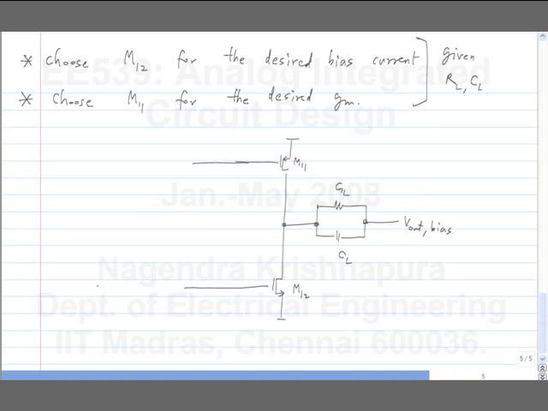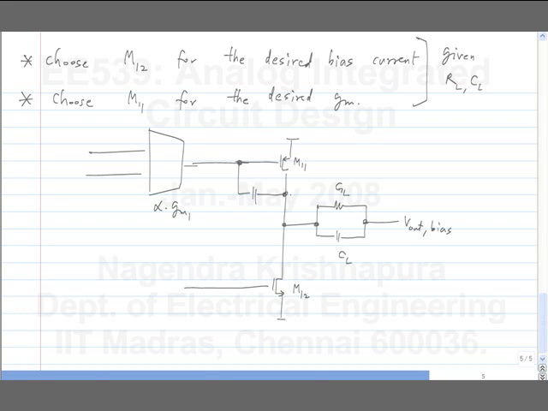So what I can now do is take a scaled down version of my differential pair. I will just say alpha times GM1. What is the capacitance I put? I want a certain unity gain frequency, so I have to have a certain capacitance corresponding to that.